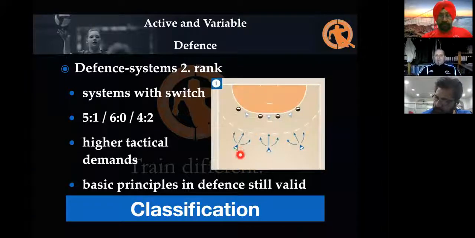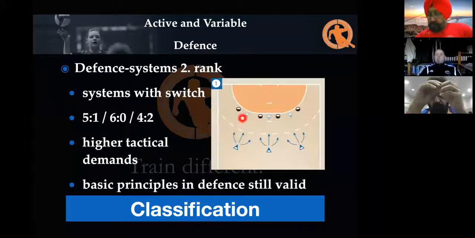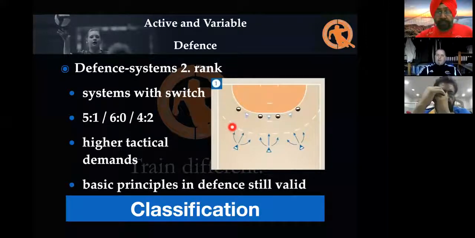Depending on the movement of the attacker, the defense must decide who is attacking the backcourt player and who is responsible for the pivot. If the player with ball from the left back position makes an outside move, the half defender is responsible, whereas the defender in the inside position is responsible for the pivot. If the backcourt player moves inside, the inside defender is responsible for the backcourt player, and the half defender has to take care of the pivot.